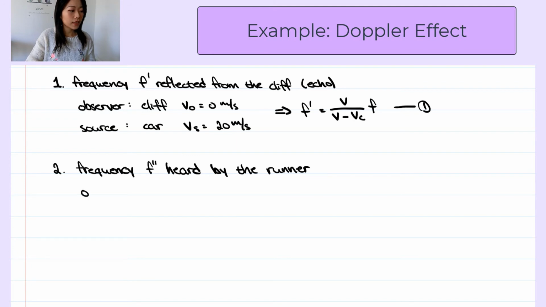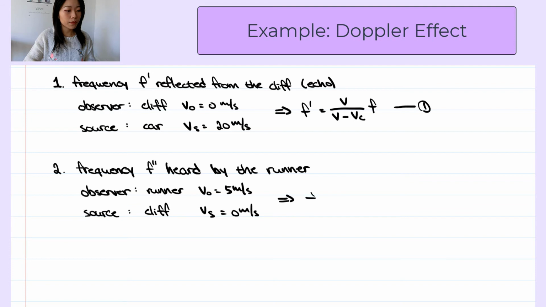In this case, the observer would be the runner, and it is moving at the speed of 5 meters per second. And the source is the cliff. And the cliff is not moving, so speed of source is 0.